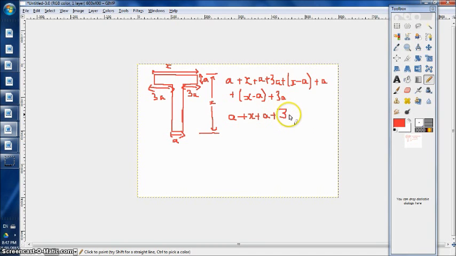So we have A plus X plus X. So I have A plus A is 2A, plus 3A is 5A, minus A is 4A, plus A is 5A, minus A is 4A, plus 3A is 7A. Then X plus X is 2X, plus X is 3X.